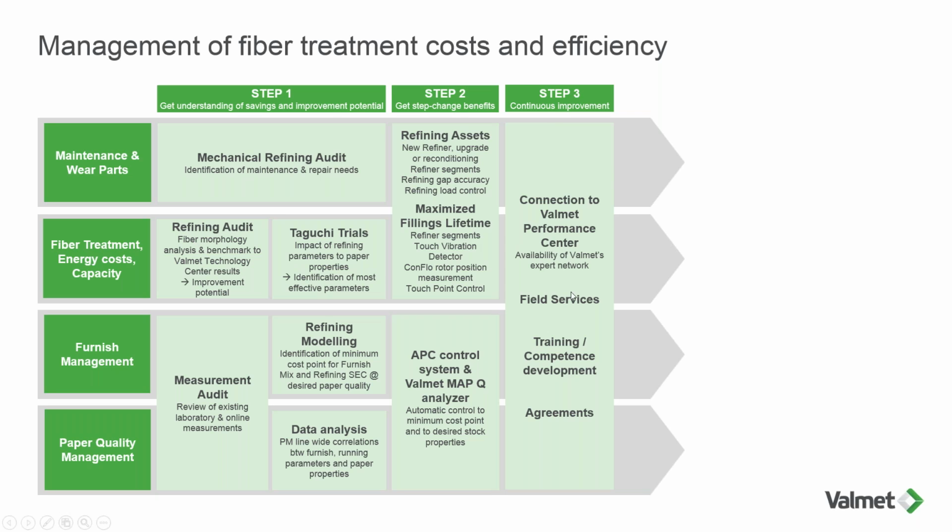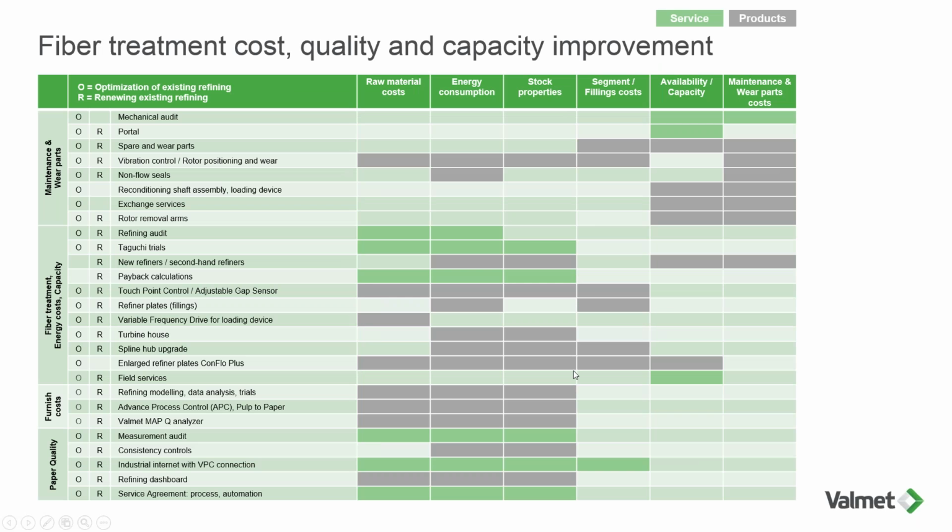But here are some of the things we're looking at: mechanical audits, refiner audits, measurement audits, and then more importantly, this concept of connecting to the Valmet industrial internet, working together, where we contract all these services into one.